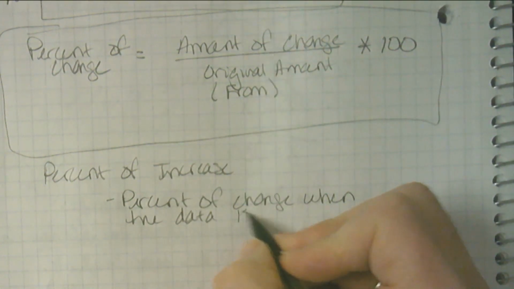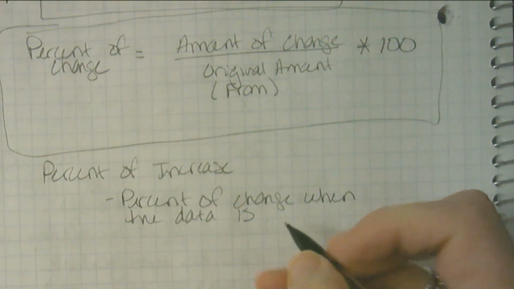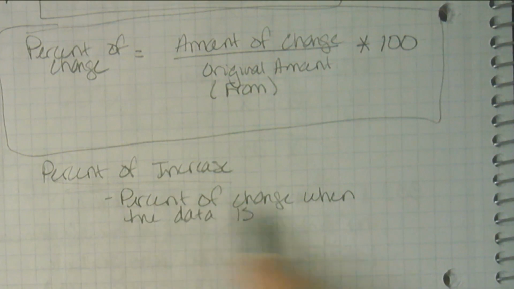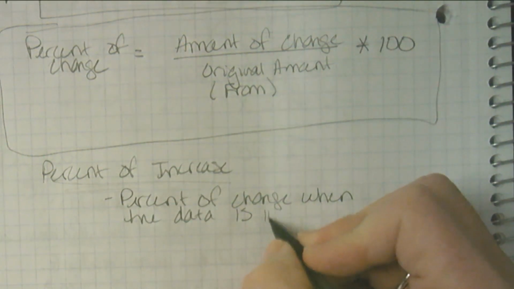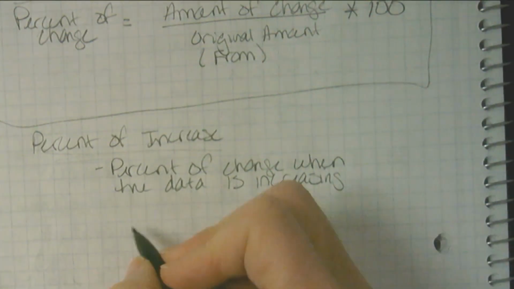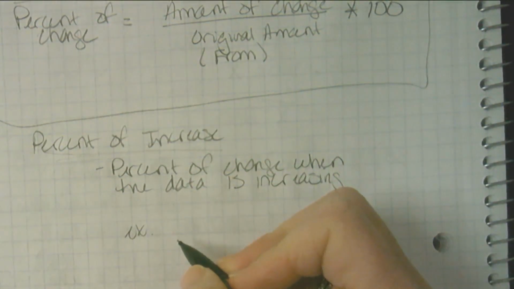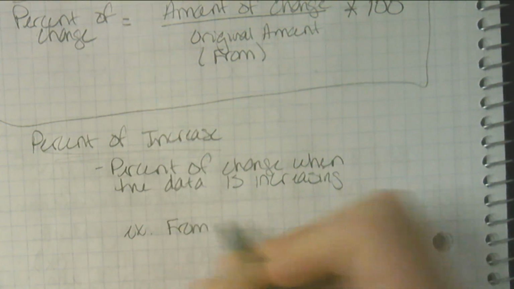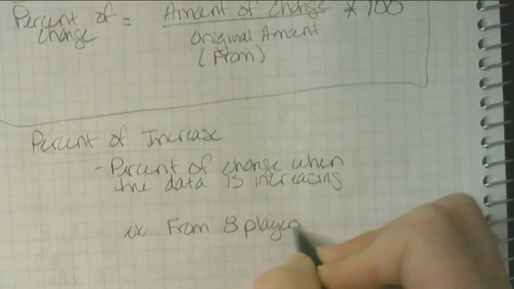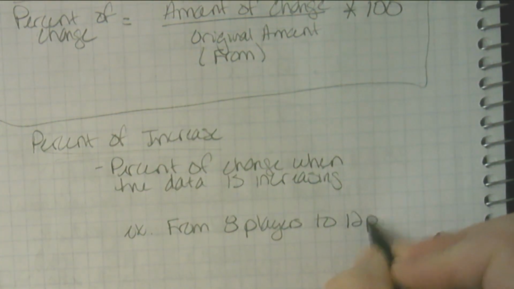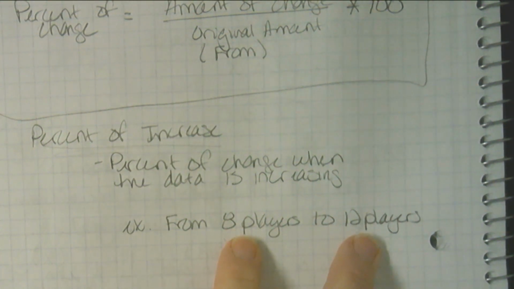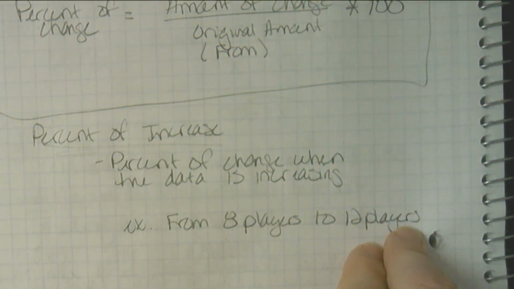So when they say find the percent of increase, it's just percent of change when the data is increasing. An example of that might be we're going from 8 players to 12 players. I could find the percent of change. That's the data, it's increasing.